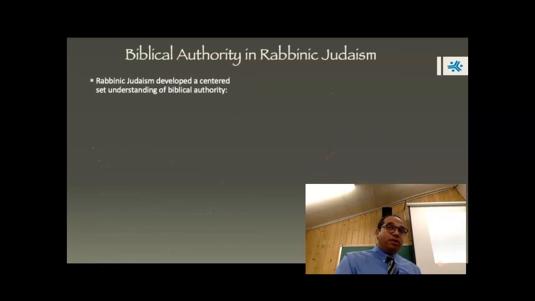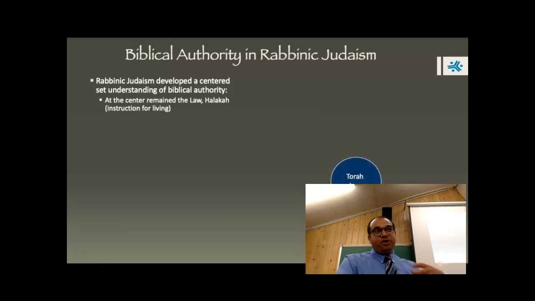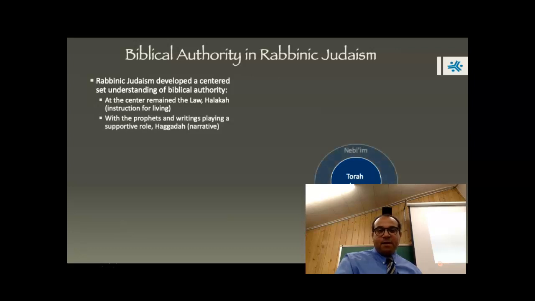Then in the Jewish tradition, we don't only have the Bible. We have a wider circle. So let's redraw the circle now, thinking about Rabbinic Judaism in mind. You have the Torah in the center, as we started last slide. Then you have the Nevi'im, the prophets.